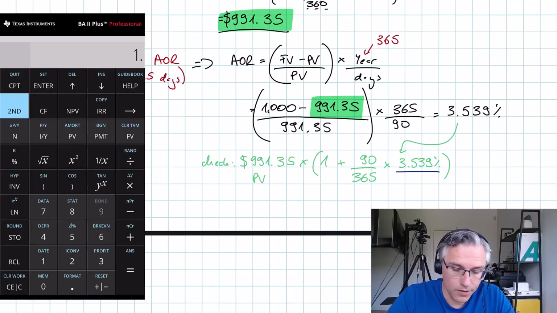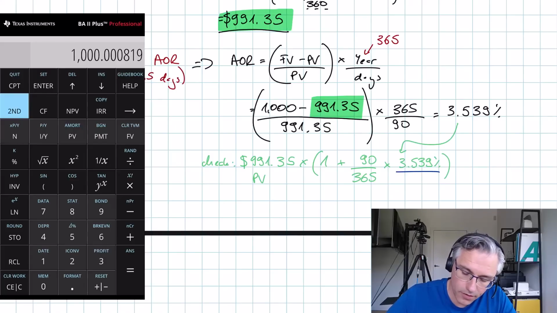1 plus 90 divided by 365 times 0.03539, times 991.35. Okay, as you can see, it's almost perfectly 1000, which is great.